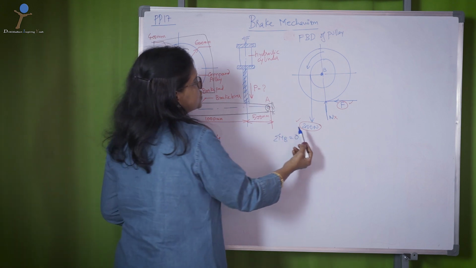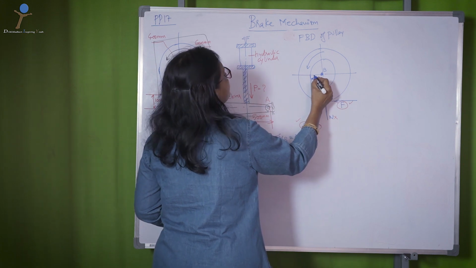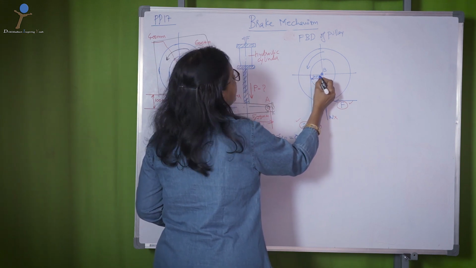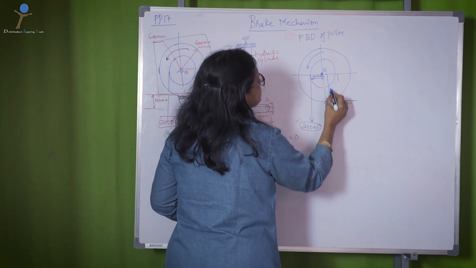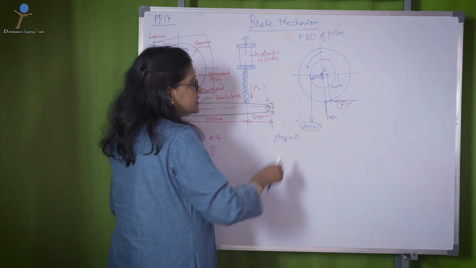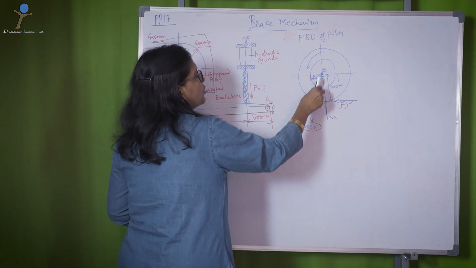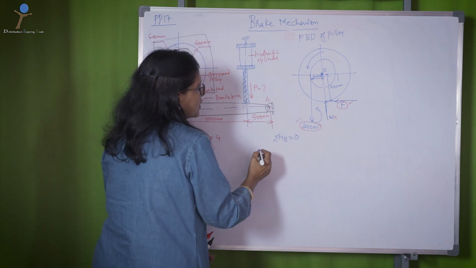So the force 2000 is multiplied by this distance, which is 400 mm, and this distance is 600 mm. The force 2000 rotates about B in this direction, which is counterclockwise.